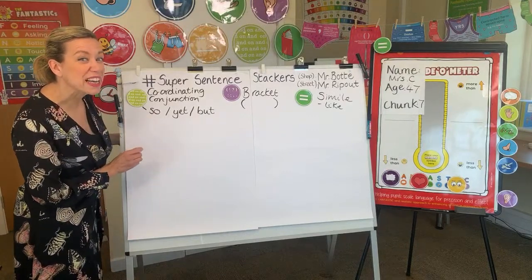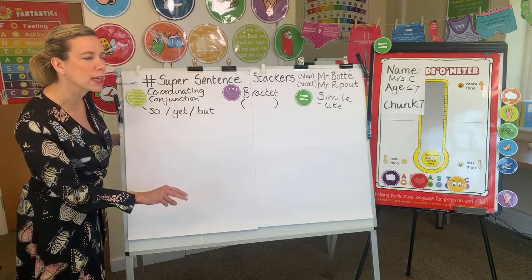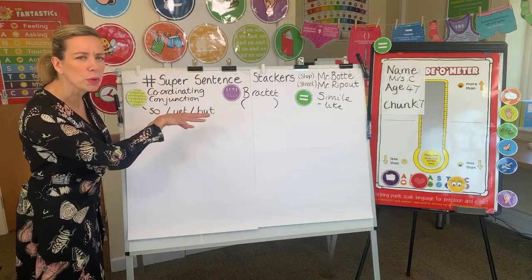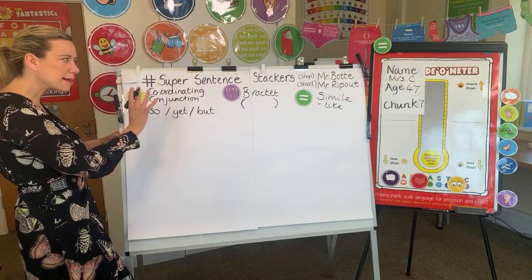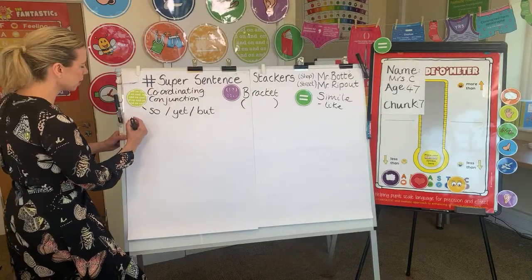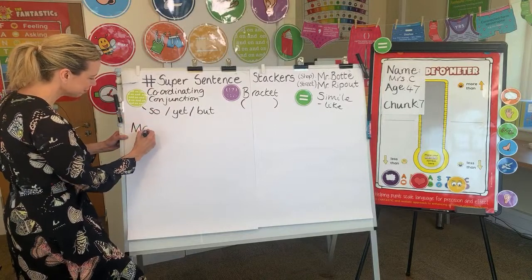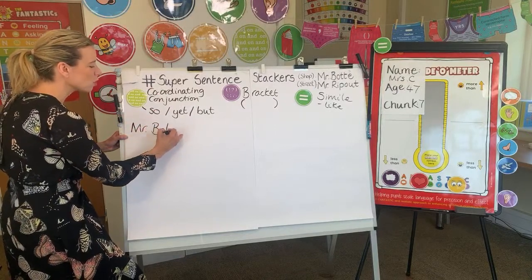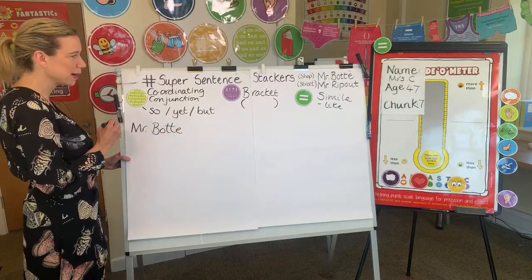It's not really a gift. I think it's a bit of a trick, and I have to show the reader that as well. But let's make it clear what's happening. Mr. Bot decides to trick Mr. Ripout.